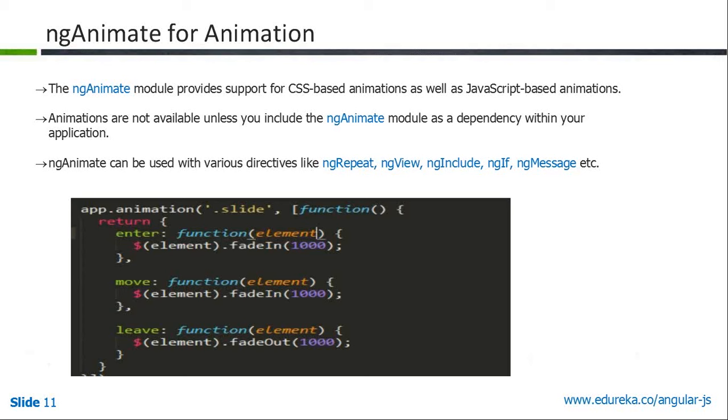So for that, what we will be doing is using the ng-animate module. The ng-animate module won't have any special CSS code or anything. What it does is, it has a directive which looks for other directive changes.